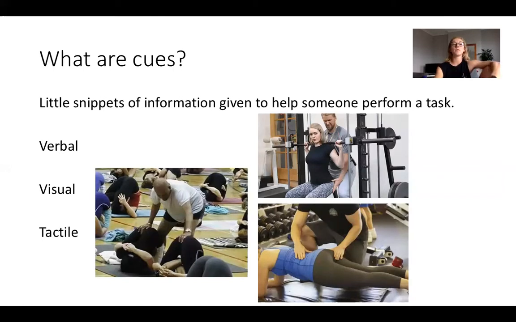Sometimes I will use tactile cueing if someone is really struggling and they're up here with their shoulders. I'll say, okay, I'm just going to put my hands in between your shoulder blades and this is where I want you to squeeze. So sometimes it has a place, but other times it can be a bit too much, okay?